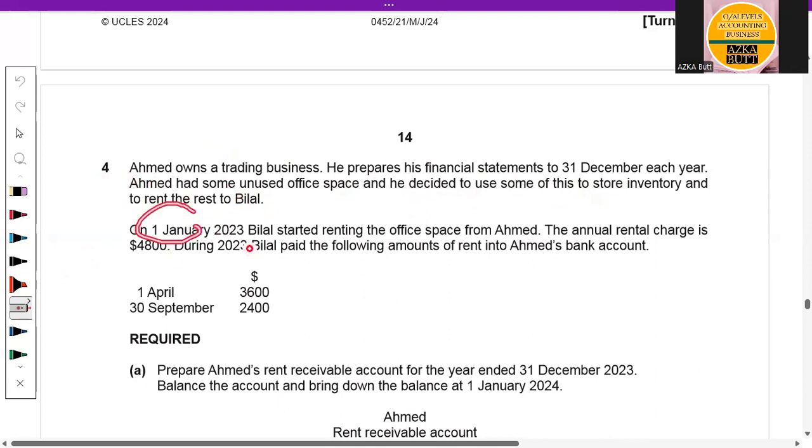On 1st January 2023, Bilal started renting the office space. So from 1st January 2023, I should highlight this.